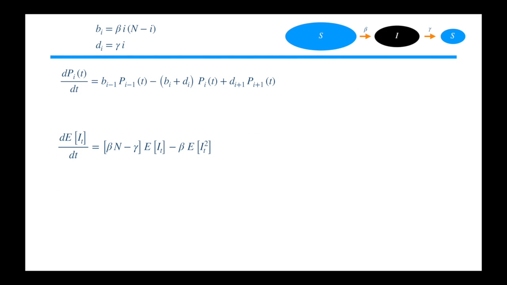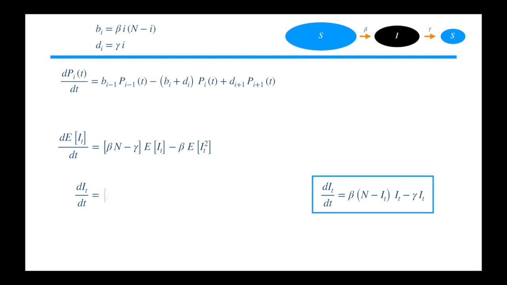Remember, in the deterministic case, we saw that the number of infectives under the SIS model is given by these differential equations. So it is the inflow from the susceptibles minus the outflow of the recovered. Now, if you rearrange this equation to separate the I and I squared terms, you see it's exactly the same equation except that the expected value is replaced by the deterministic value.